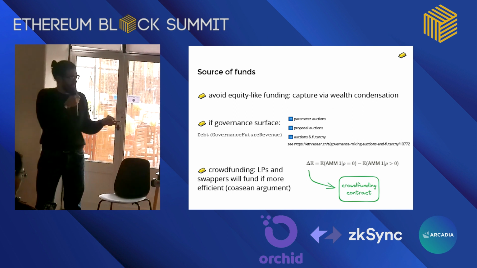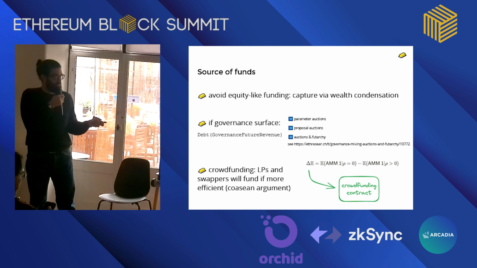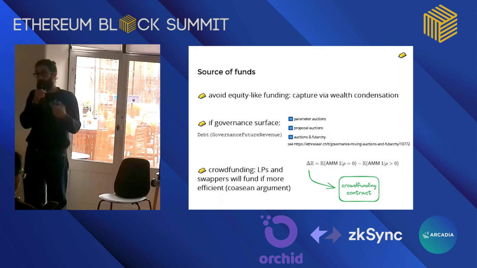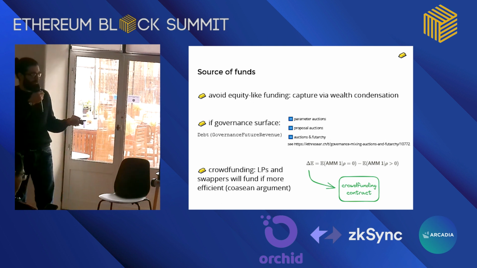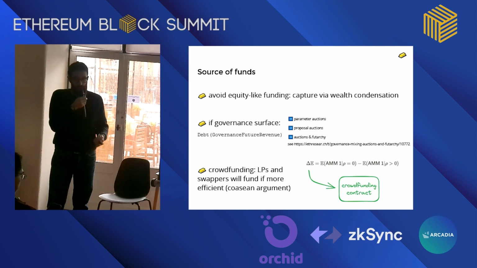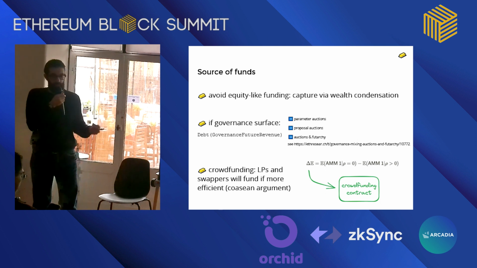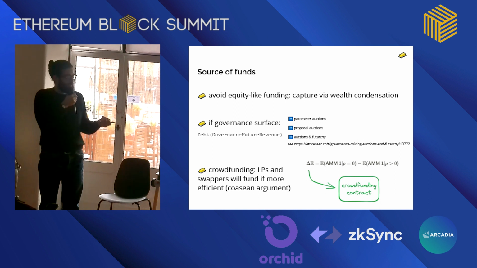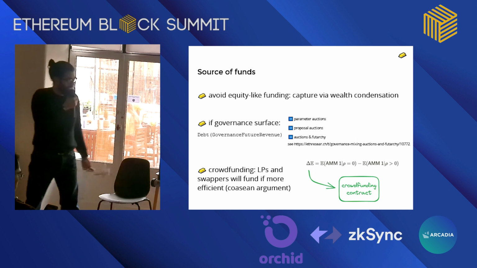The other option is that you take the future revenue of governance, so let's say governance produces return, and you wrap it in debt. So that's an approach. I'm giving some quick examples of what it could be in my small paper. So you can auction parameters, or auction proposals, or use some mix of different approaches.